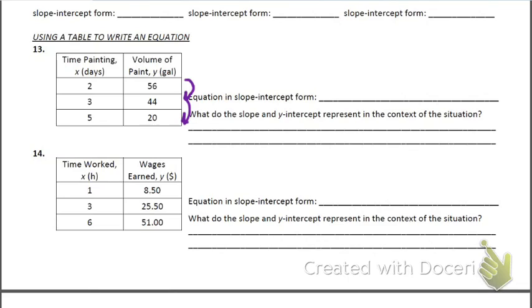It gets lower, right? The amount of paint left in the bucket goes down. So the time painting in days are your x's. The amount or the volume of the paint are your y's. So how could we figure out the slope of this line if I were to graph it? What do you guys think?